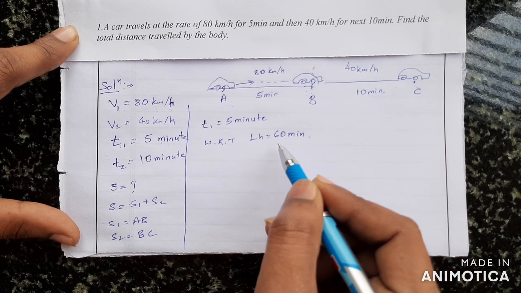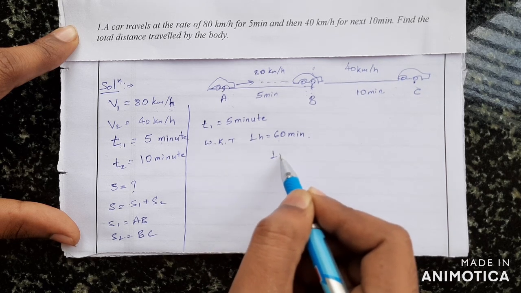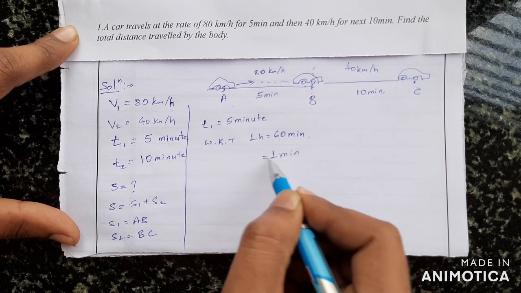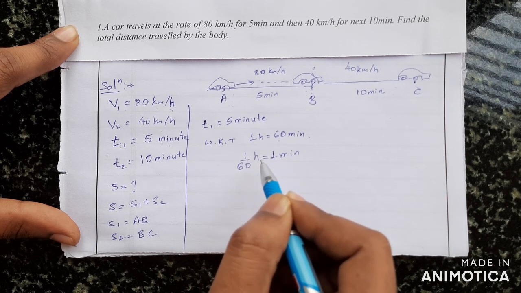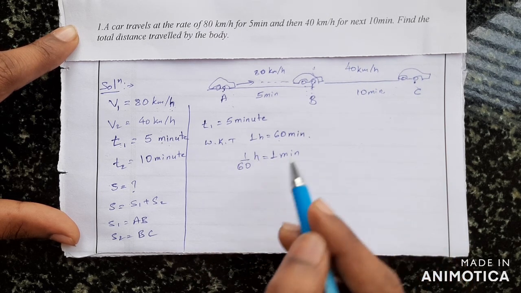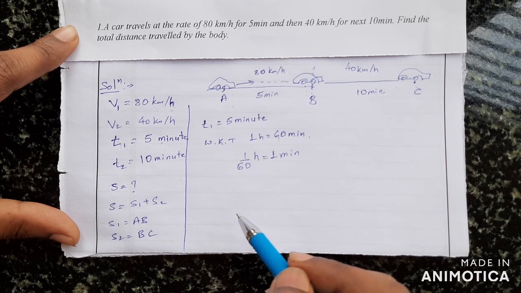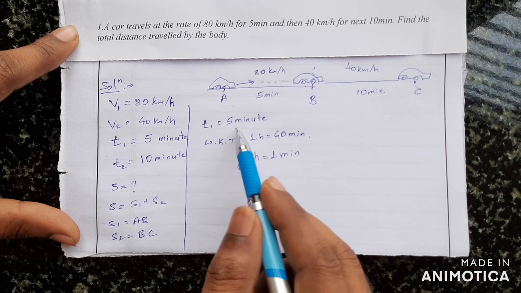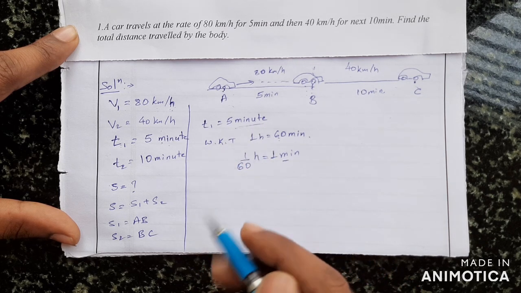Now, what is 1 minute equal to? If I send 60 this side, 1 minute is equal to 1 by 60th of an hour, isn't it? 1 minute is equal to 1 by 60 hour. So in the place of minute, I can put 1 by 60 hour.